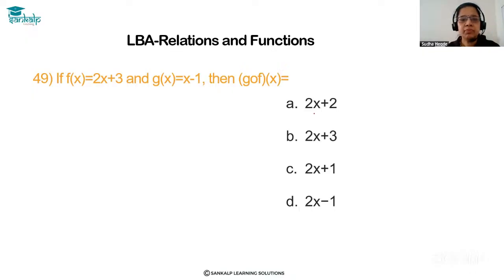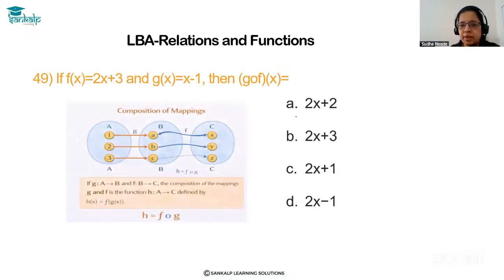Hello everyone. The question is, if f of x is equal to 2x plus 3 and g of x is equal to x minus 1, then you need to find G composition f of x. Okay. Again, similar question you have done.